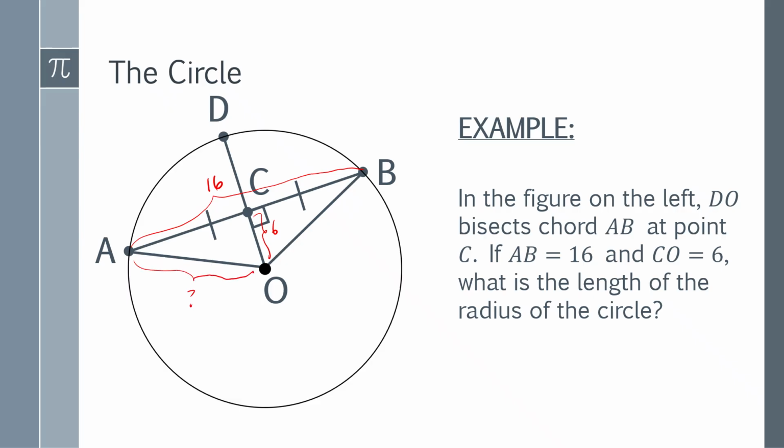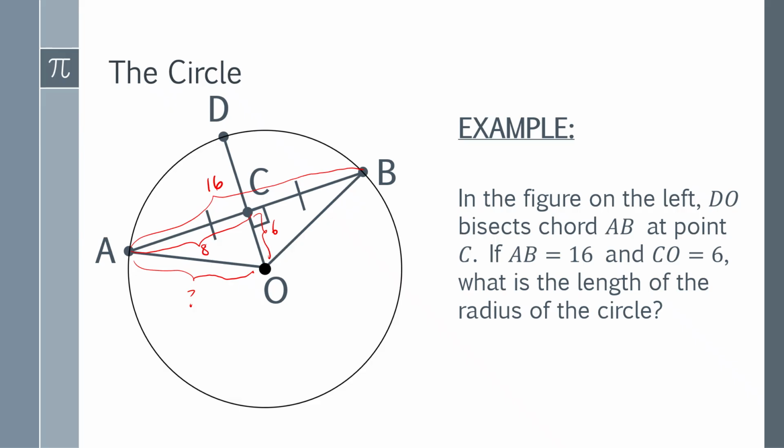Remember that to find AC, since you are only given AB, the value of AC here is 8. Why is it 8? Because AC is half of AB, and also the CB itself. So 16 divided by 2, your AC here is 8.